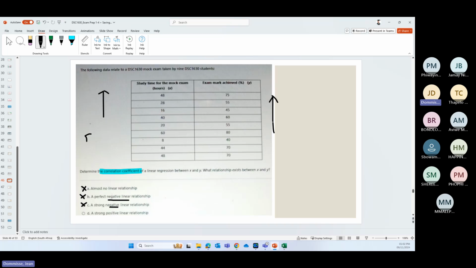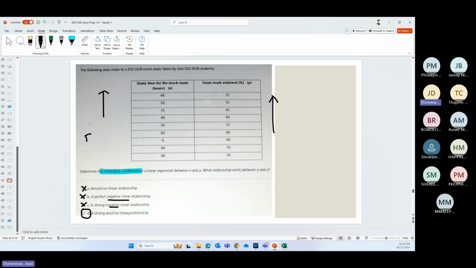So actually, with this one, we could just interrogate a bit and look at the data, and we would have gotten the correct answer: a strong positive linear relationship. Okay, because as X goes up, your exam mark goes up. And there's no point where X was showing that the mark went down as X went up. So you could have only nearly interrogated this and you would have gotten the answer.